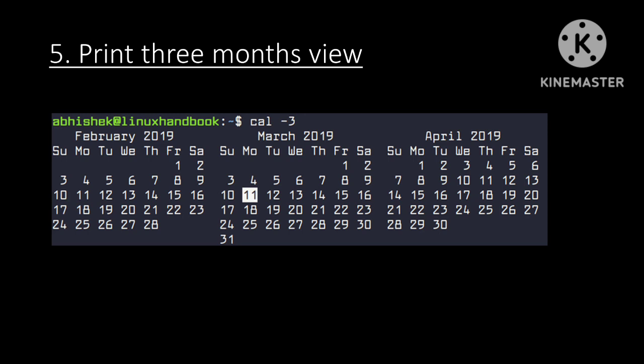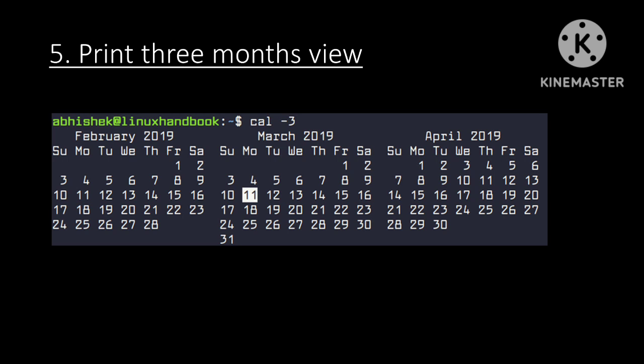If you want a particular 3 months, not the current one, then you have to provide cal -3 with that particular month and the particular year. Say for example, if you give cal -3 June 2017, then it will print June 2017, May 2017 as well as July 2017.